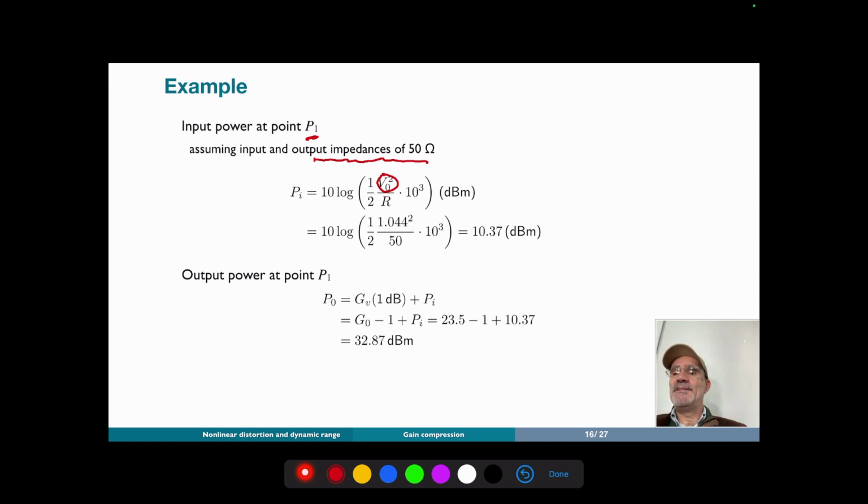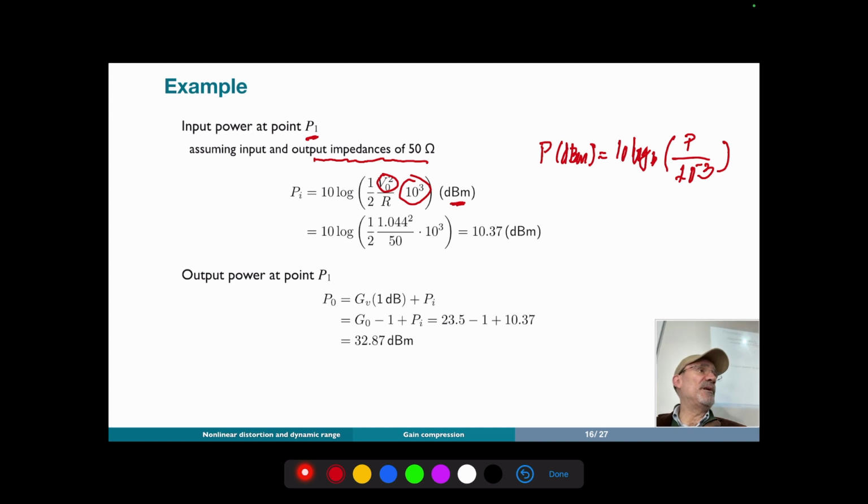And this is given in dBm, because we have the power in dBm, which is the 10 log base 10 of the power divided by 1 milliwatt, or 10 to the minus 3.